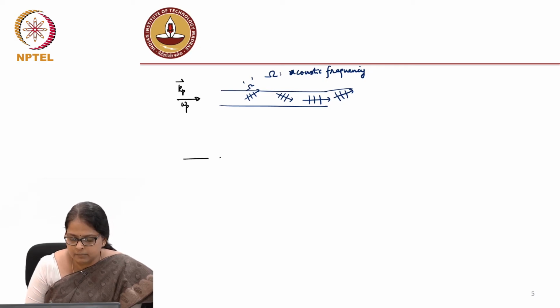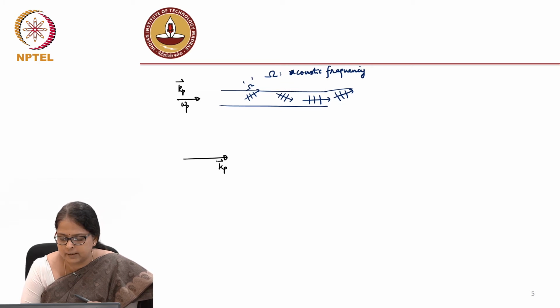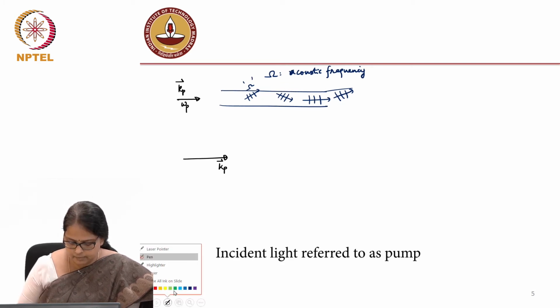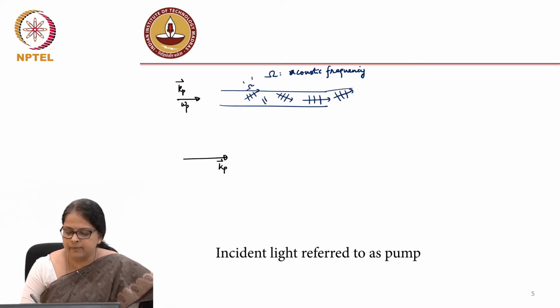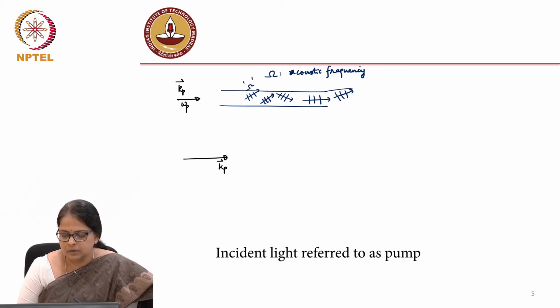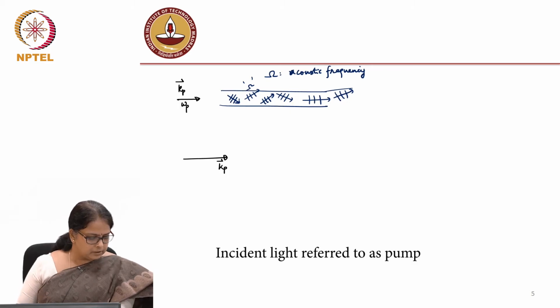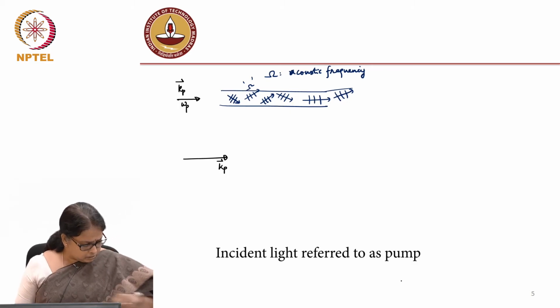This incident light, represented by the wave vector kp, interacts with all these randomly moving acoustic waves in the system. So, let's consider a specific random direction of this acoustic wave.